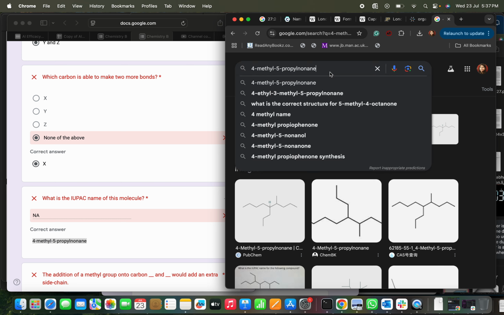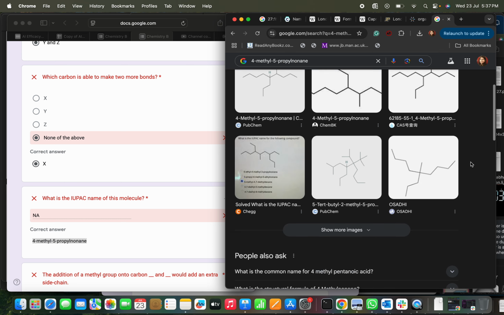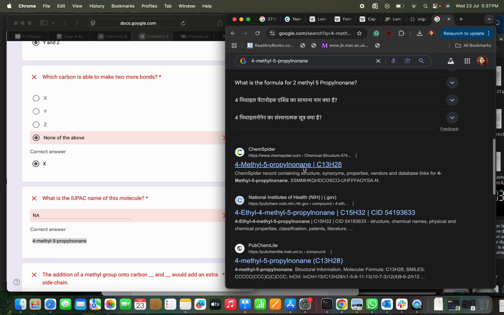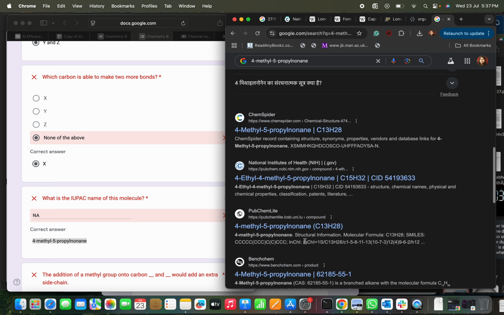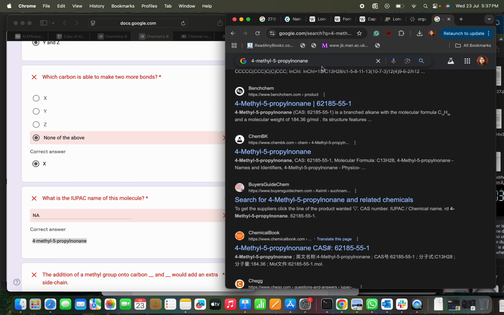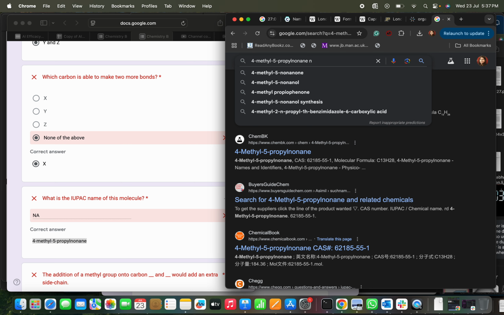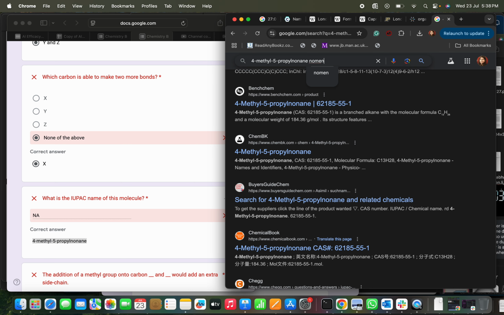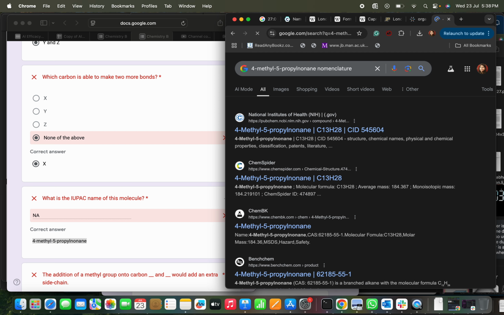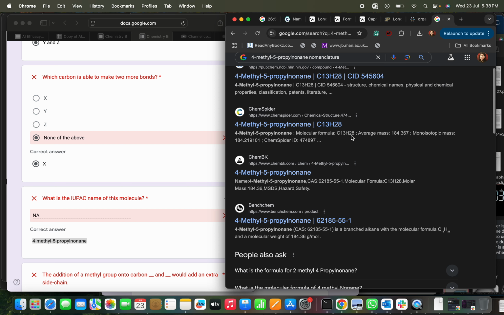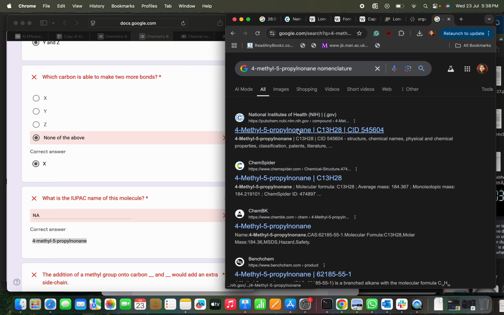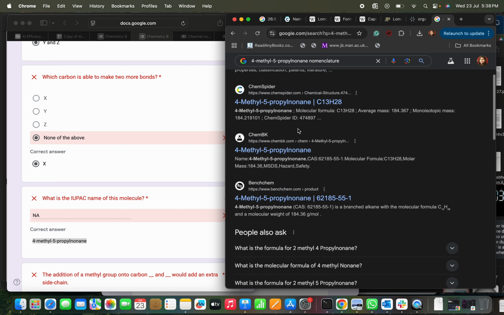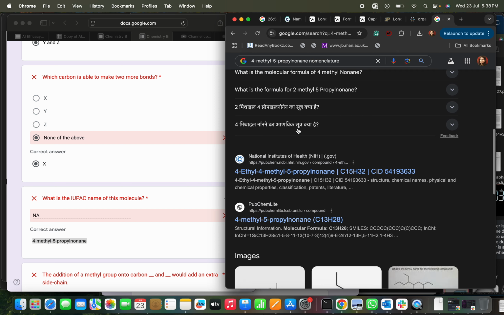Right. So methyl 5 propyl. What is the formula for methyl 5 propyl?